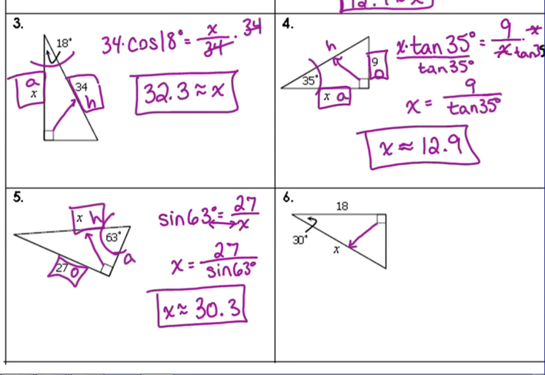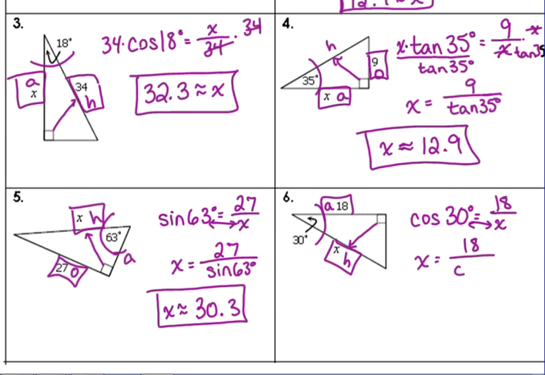Right angle points to the hypotenuse. So the hypotenuse is x. Draw your curve. The curve always touches the hypotenuse and the adjacent. So 18 is the adjacent. So that's cosine because it's adjacent and hypotenuse. So cosine of the angle, 30 degrees, is equal to the adjacent, 18, over the hypotenuse, x. Switch places.